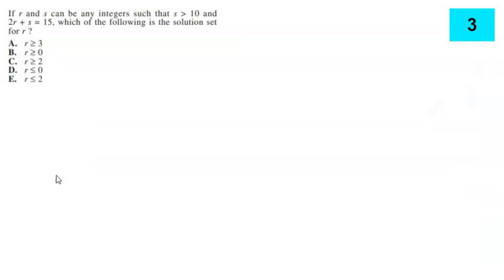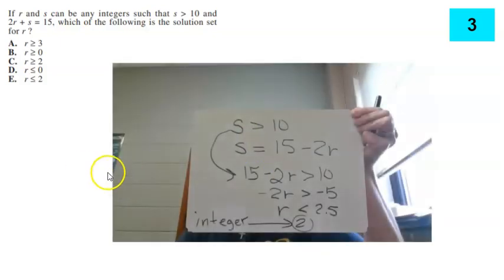If r and s are integers, such that s is greater than 10, and 2r plus s is equal to 15, which of the following is the solution set for r? Well, first, since s is greater than 10, you can solve the second equation for s, so s would equal 15 minus 2r.